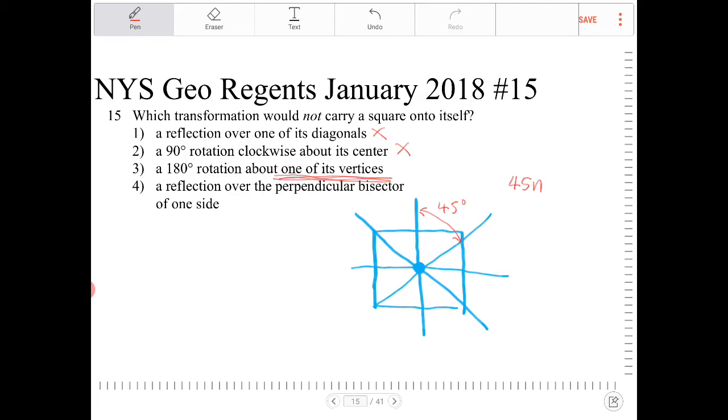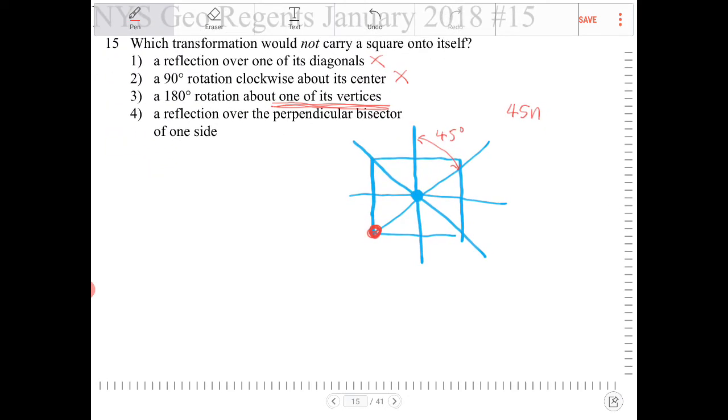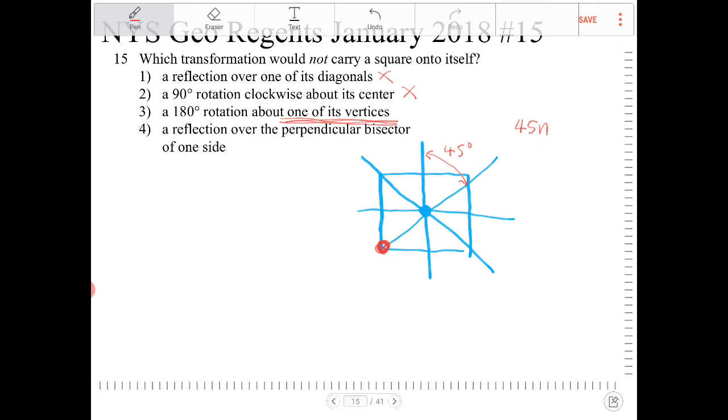So this will work, because if I rotate the square over that vertex that I'm highlighting in red, 180 degrees would land me over here, right? So this point, 180 degrees would be there, and it would not land on itself. So option 3 would work.